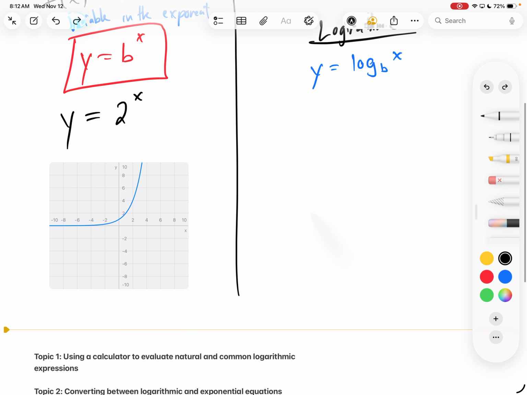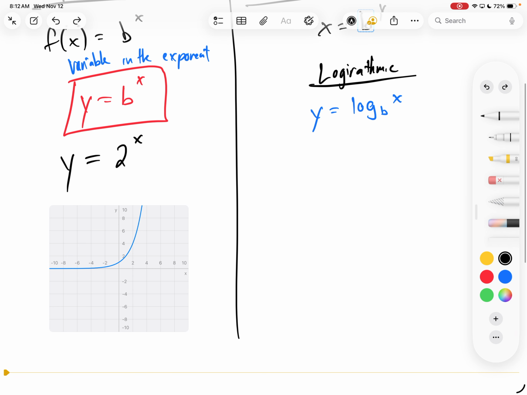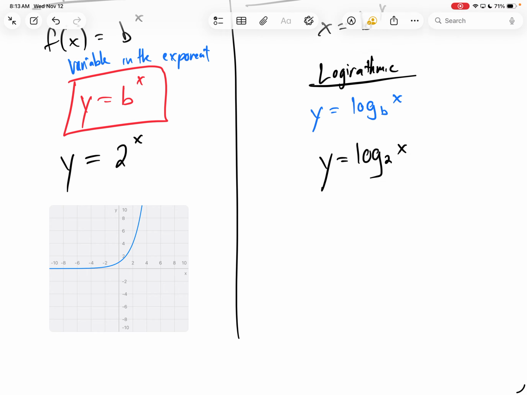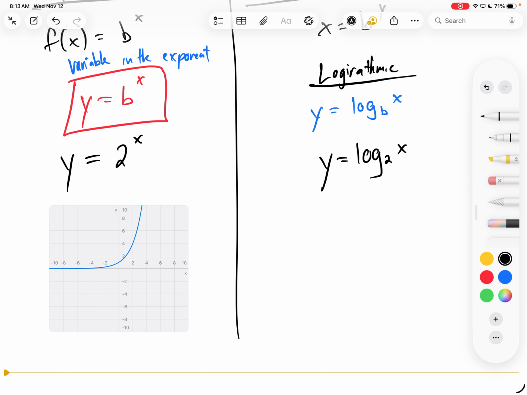The graph, if you remember anything about the graph of, let's see if Apple will do it for me again. No, where did it go? I was really hoping it would. It doesn't like log, probably. That's sad. I'm going to try to write it one more time, see if Apple will do it. Y equals log base 2 of x.